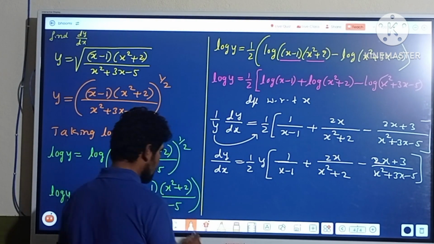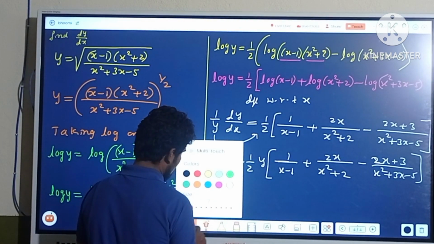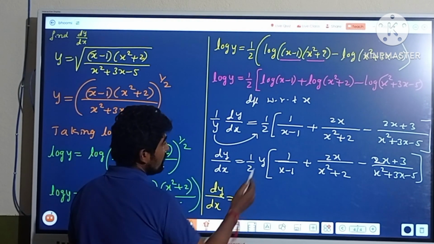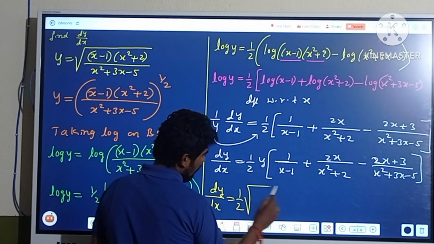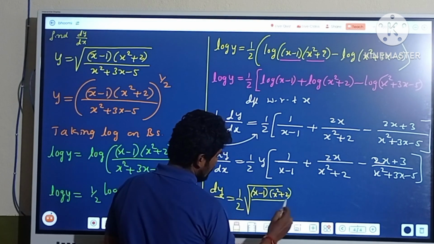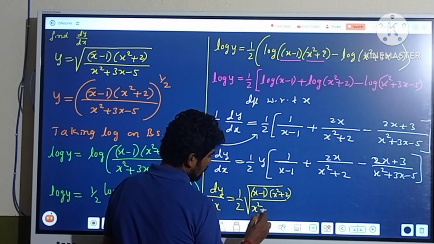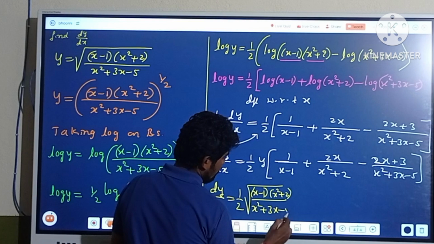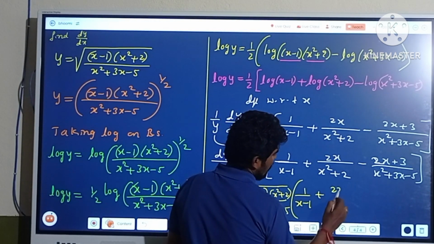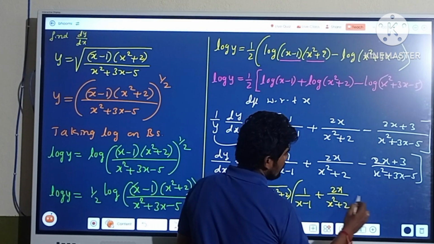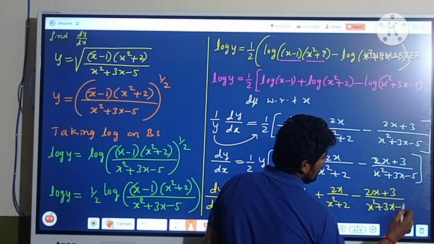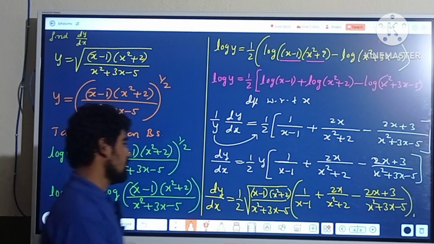Therefore the final answer for dy by dx is 1 by 2 into y. What is y? y is square root of x minus 1 into x square plus 2 divided by x square plus 3x minus 5, into 1 by x minus 1 plus 2x divided by x square plus 2 minus 2x plus 3 divided by x square plus 3x minus 5. I hope all of you understood.